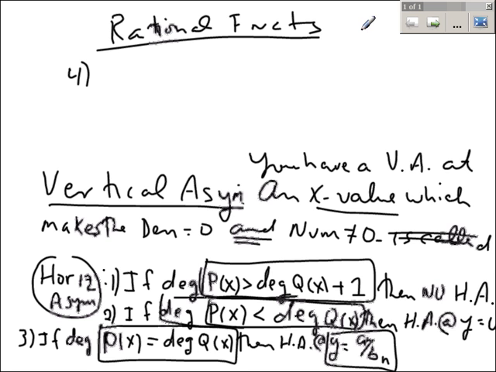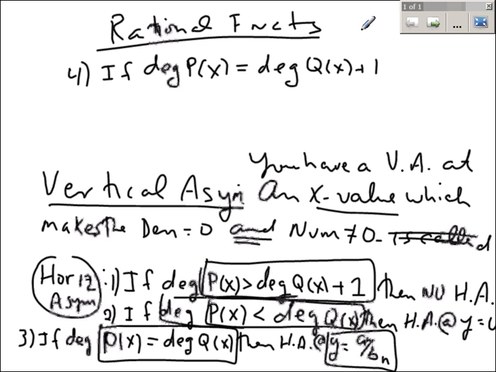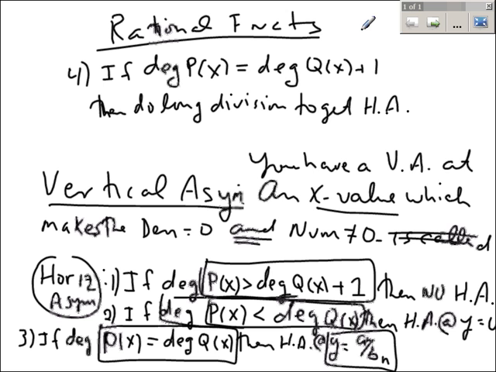Rule number 4 is if the degree of P is equal to the degree of Q of x plus 1, then do long division to get the horizontal asymptote.